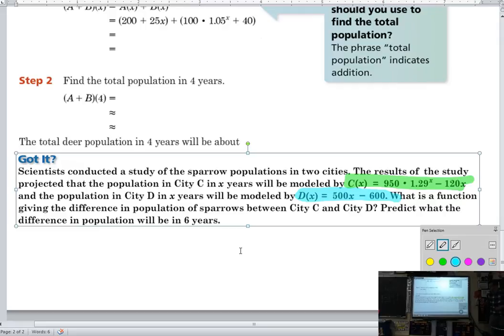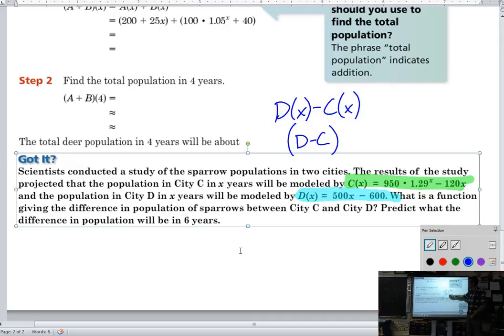D of x, sure. So if you want to set up, we can make some name of the function, or we could just say we're going to do d of x minus c of x. And we could actually say that this is d minus c of x, and then we would put that d minus c in parentheses. So to set that up, we're going to take our function d of x.